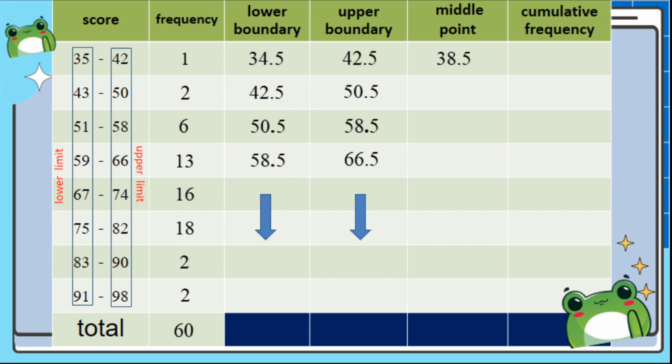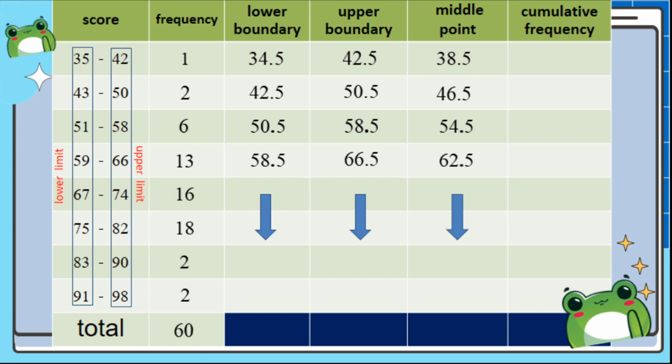And the second row, the average score between 43 and 50. So find the sum of 43 and 50 divided by 2, that is 46.5. And next, the third row, the average score between 51 and 58 equals 54.5. Students find the midpoints with the same method and complete this column by yourselves.